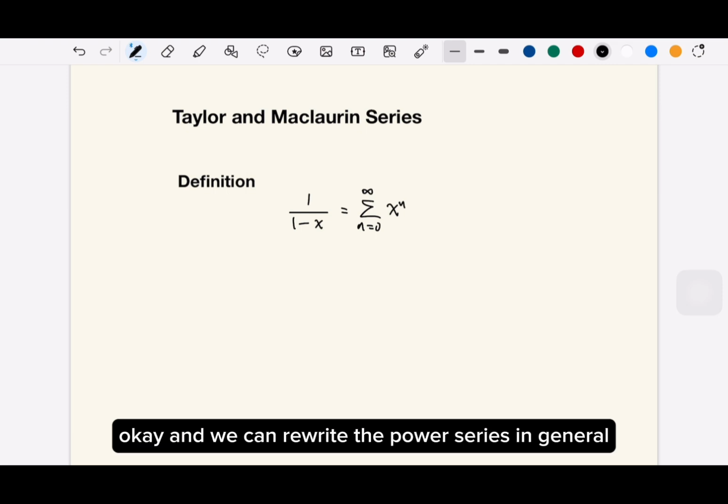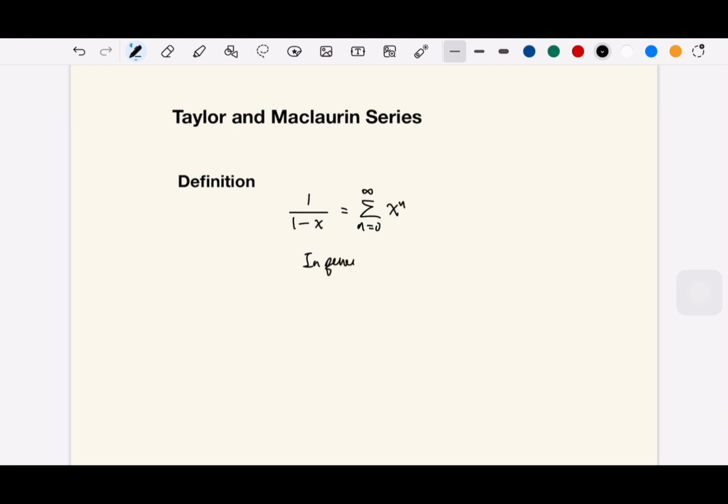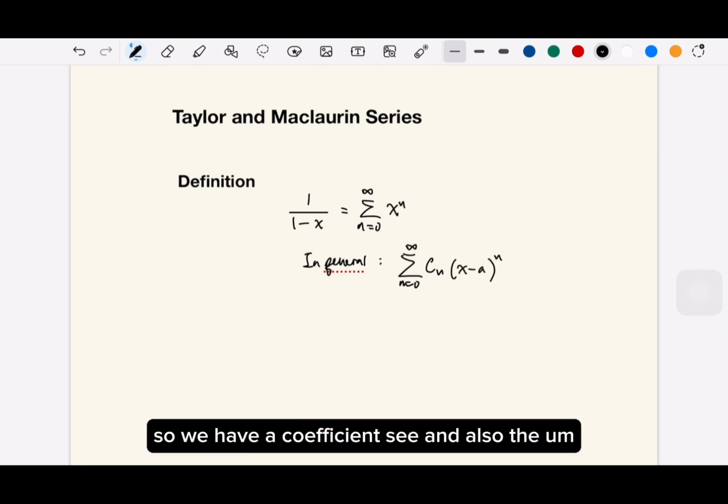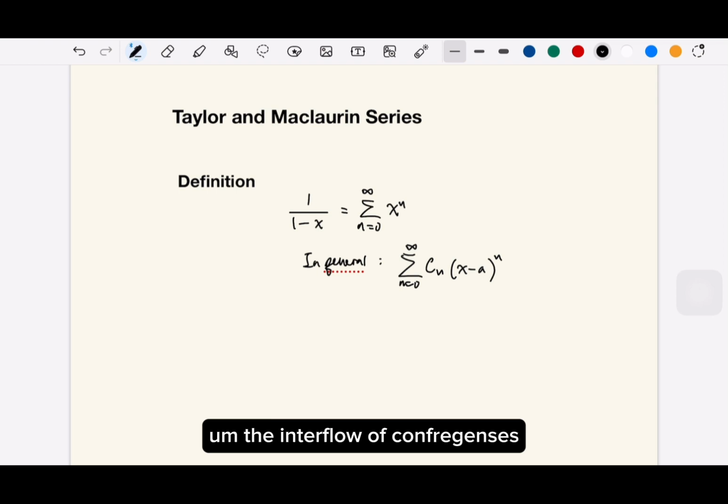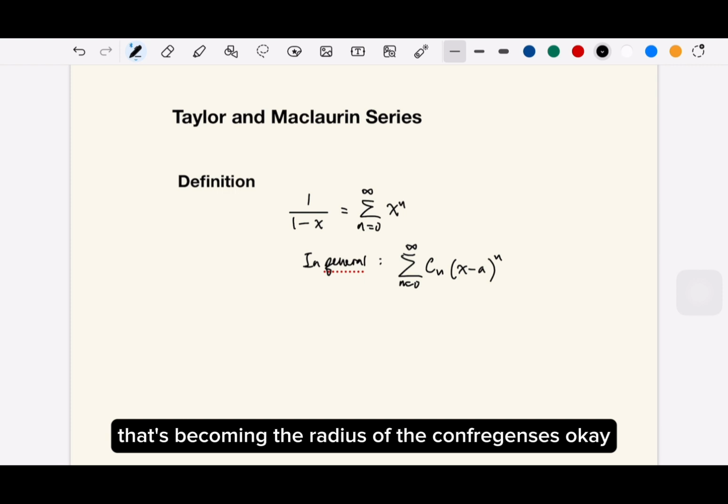Okay, and we can rewrite the power series in general with that formula. So we have a coefficient c, and also the x minus a. A stands for the center of the interval of convergence. So x minus a and x plus a, that becomes the radius of convergence.